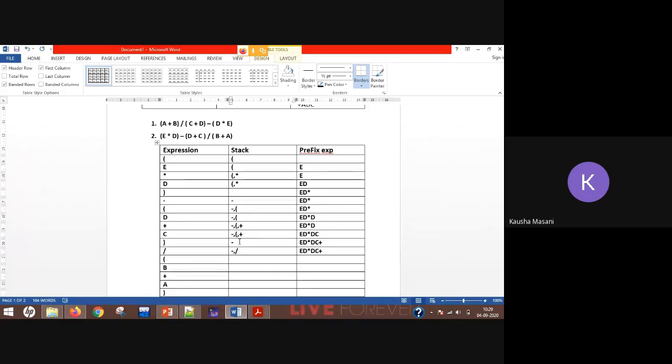Okay, now there is again an opening parenthesis, so minus divide and your opening parenthesis, ED star DC plus. Okay, now the expression remains as it is, this particular expression.